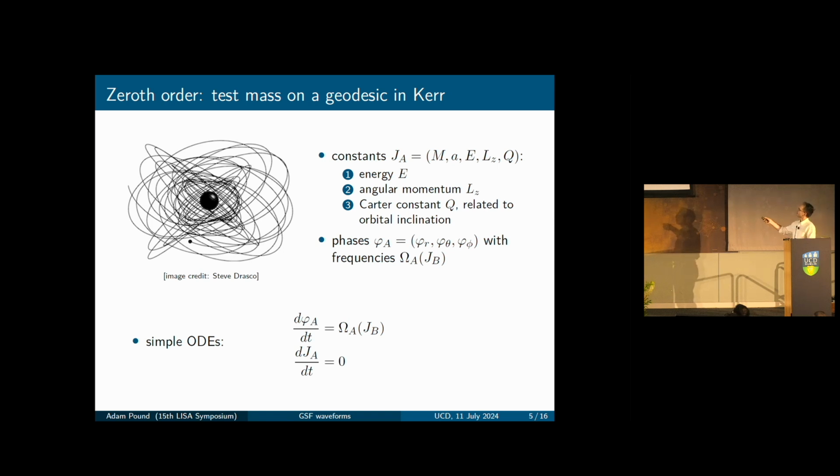You can choose these phases to have constant frequencies. Then this complicated motion we can describe very simply with a few simple ODEs. We have constants, which have 0 rate of change. We have frequencies constructed from those constants. And then we have phases that grow exactly linearly in time. So this is the 0th order problem.